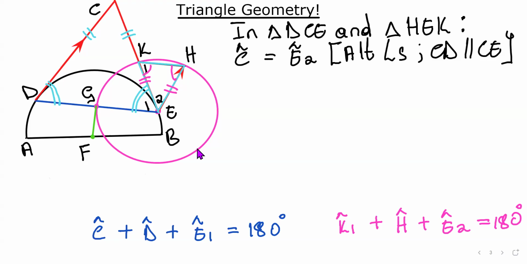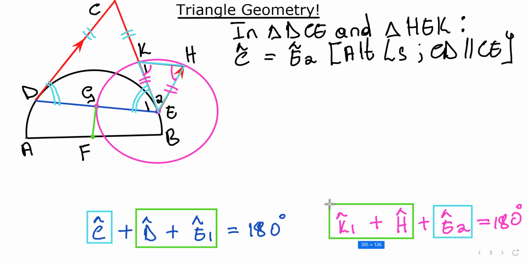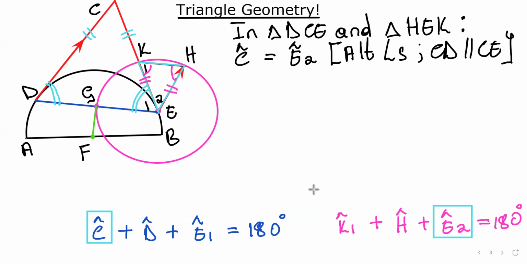Now, what is nice in both of these cases is angle C is equal to angle E2. Even though these two are also equal to each other, we need to express one of them.